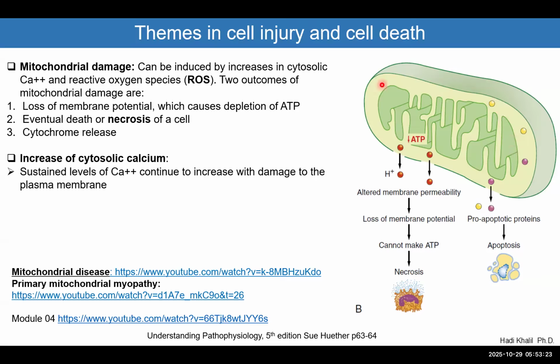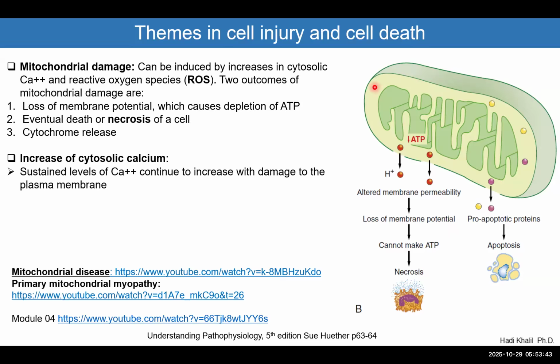In terms of the types of cell death, it's not strictly always necrosis, where the cell permeability is the cause of that necrotic cell death and the loss of the membrane potential, and therefore there's not a lot of ATP being generated.